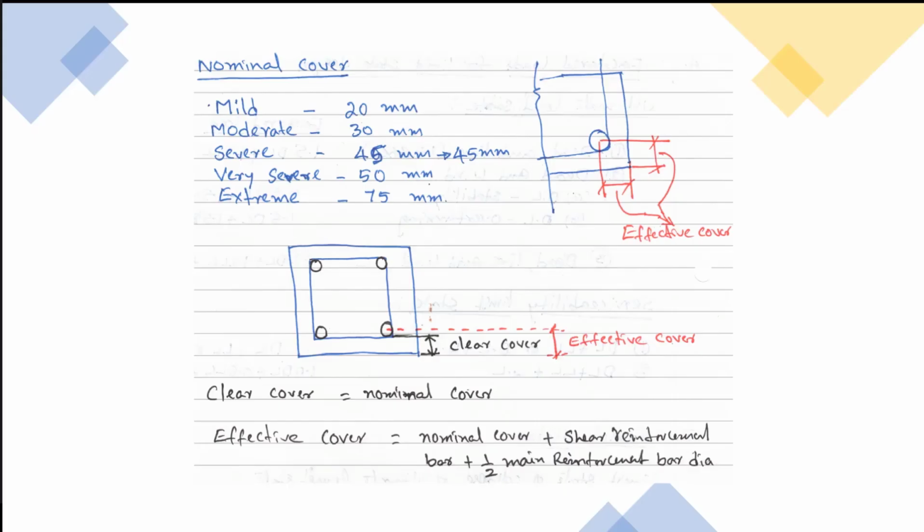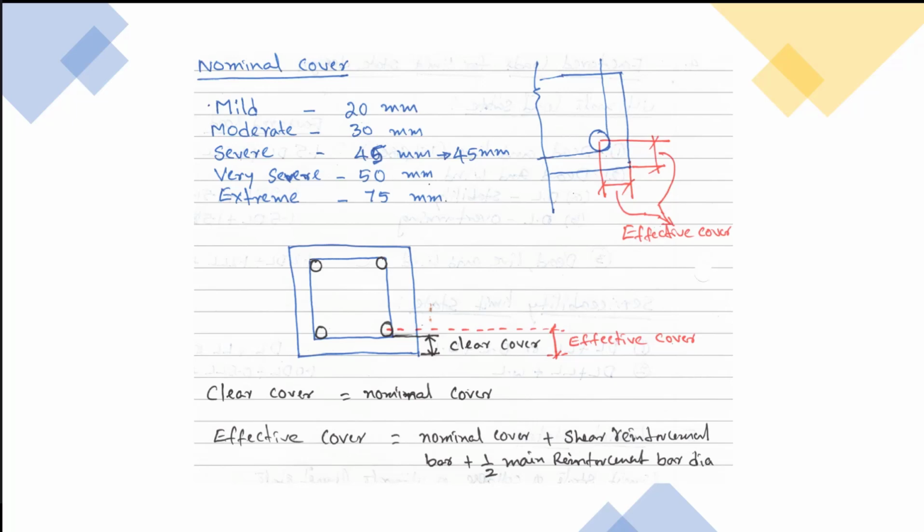Now we'll look into another important thing, the minimum requirement of the rebar and the concrete cover. There are many reasons we need to provide the minimum nominal cover of concrete to protect the reinforcement bar. Otherwise the bar will be exposed to the weather, then there will be corrosion and ultimately that will impact the entire structural strength.